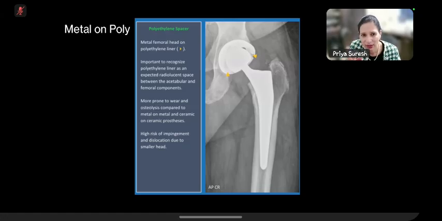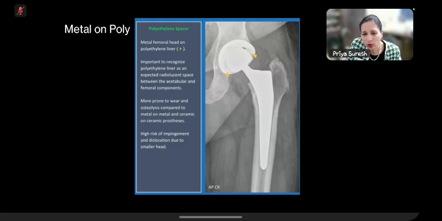So the liner is a polyethylene liner. Okay, it's important because you will have a radiolucent space between the acetabular and the femoral components. When you're looking for lucency, this is some lucency that you will be able to see and you should see when they have a polyethylene liner.